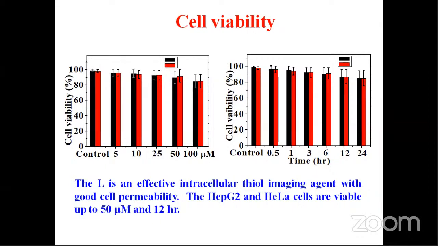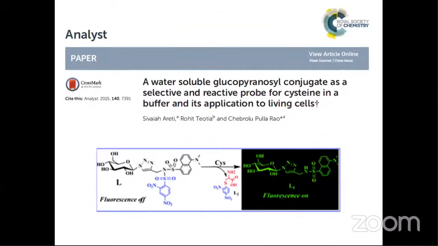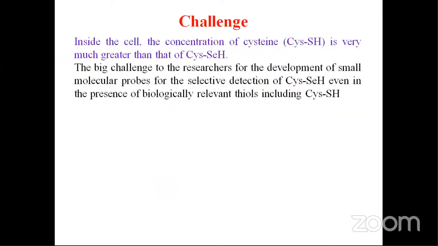After 12 hours the cell viability decreases, and after 50 micromolar the viability also decreases. We have published these results in Analyst, and if you want more details, you can go through this paper.